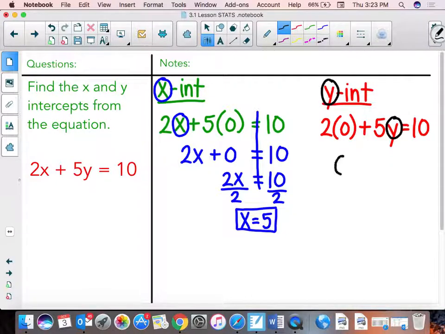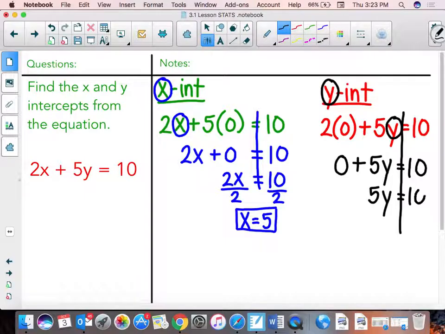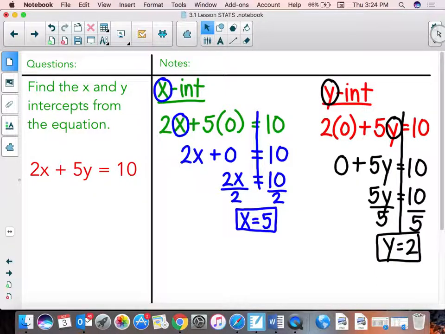So 2 times 0 is 0, plus 5y equals 10. Really don't need that 0. It's just 5y equals 10. Y is 2. All right, so that means my x-intercept is 5.